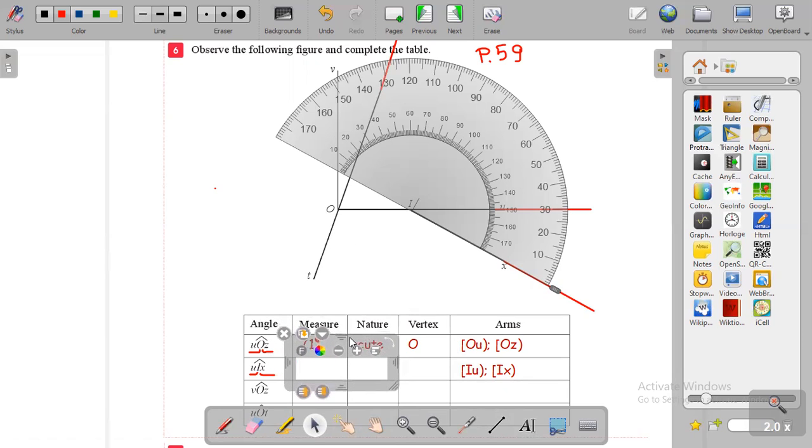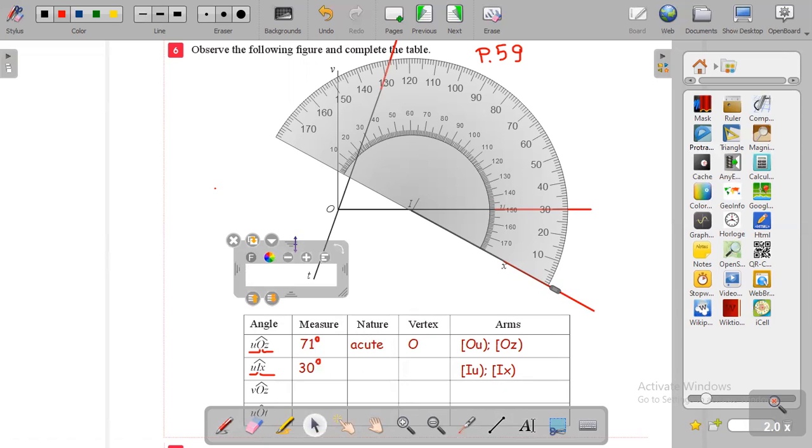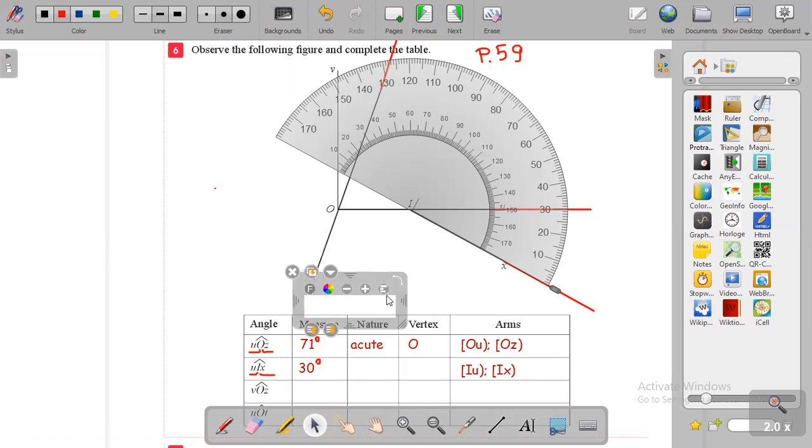Don't forget the unit, it is degrees. Now, what is the nature of this angle? The measure is smaller than 90 degrees, so the nature is acute. It is an acute angle.